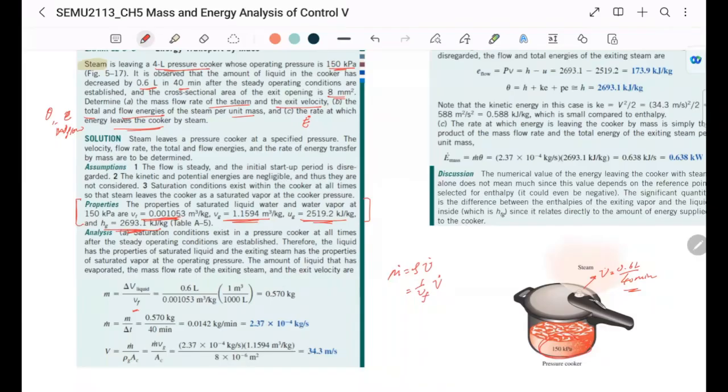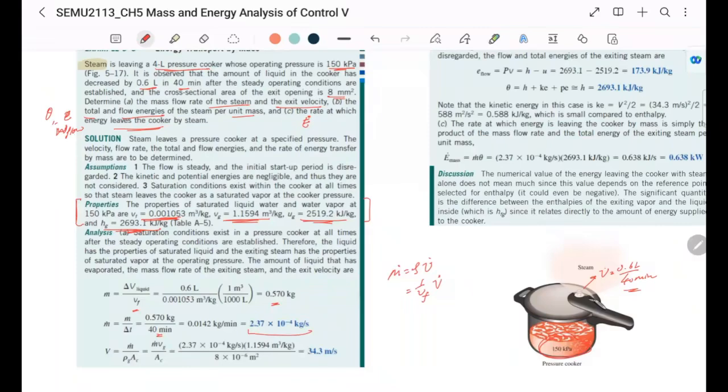So from there we get this number 0.5, and over 40 minutes, we'll get this. So that's how we get the mass flow rate, basically. It's really just changing the unit only.